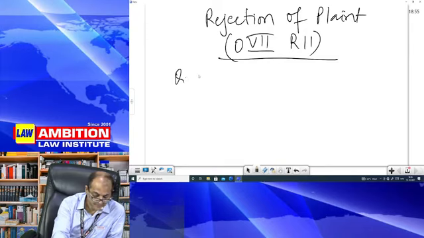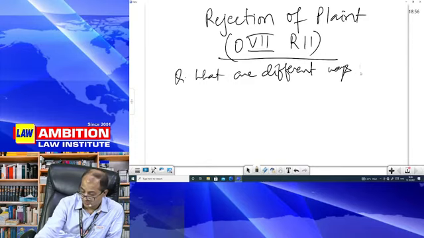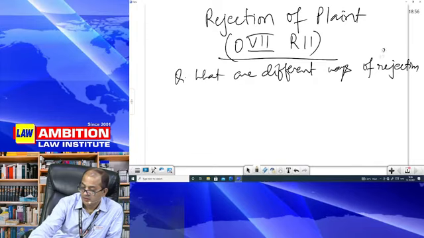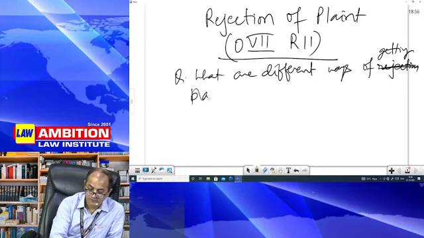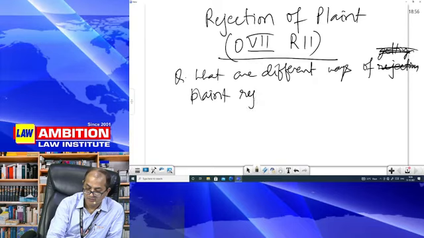So एक क्वेश्चन बना लें ऐसा, what are the different ways of getting plaint rejected? और सीधा लिखो ना, what are different ways of plaint rejection?